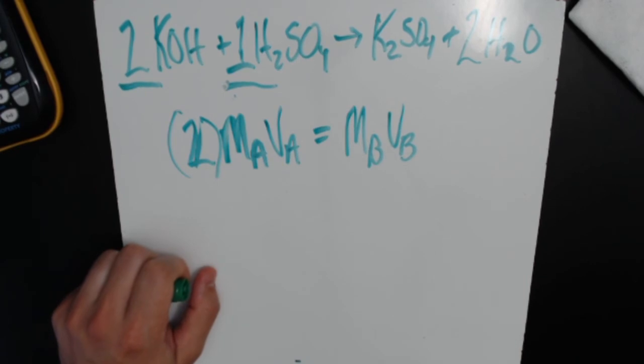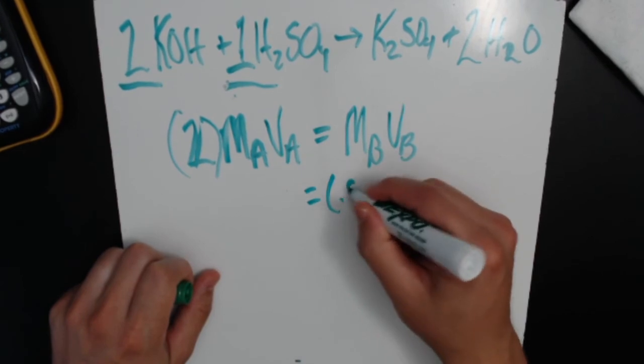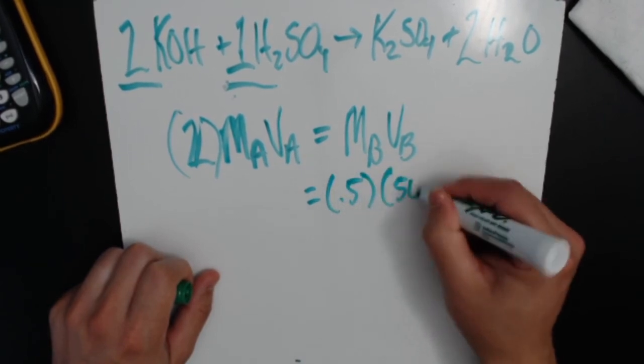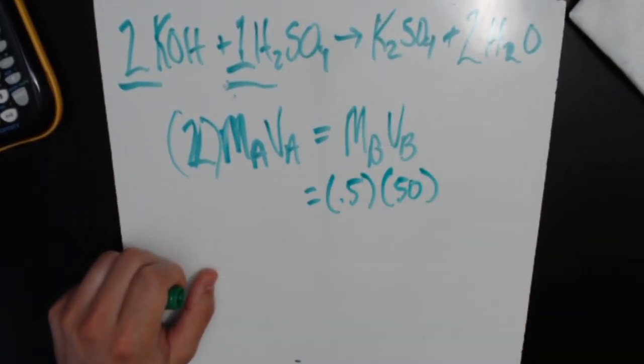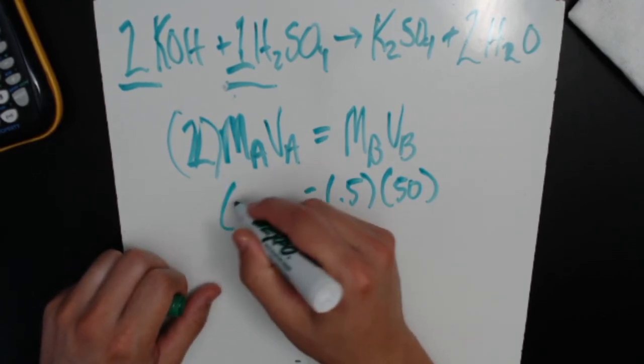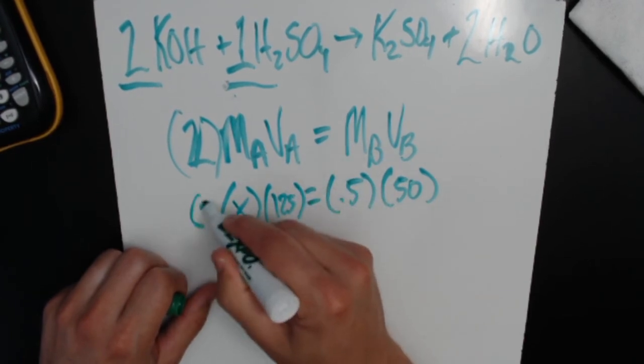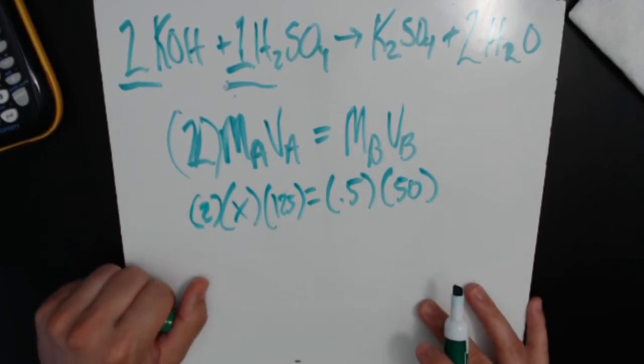Let's see, our base is 50 milliliters and 0.5 molar. Molarity of the base, 0.5, 50 milliliters. Volume of our acid is 125, and we're solving for the concentration. So 125 milliliters times 2, all that times 2.